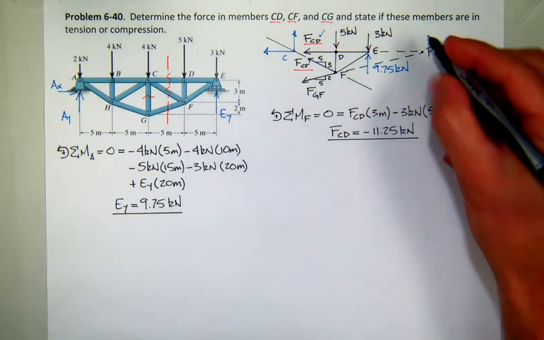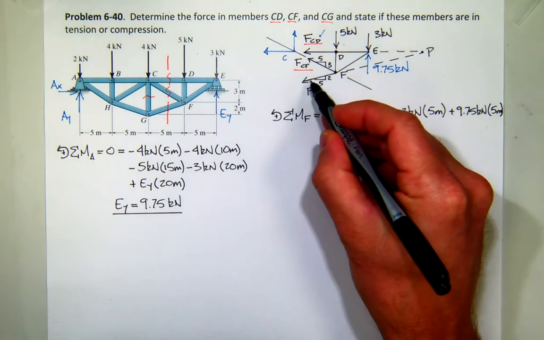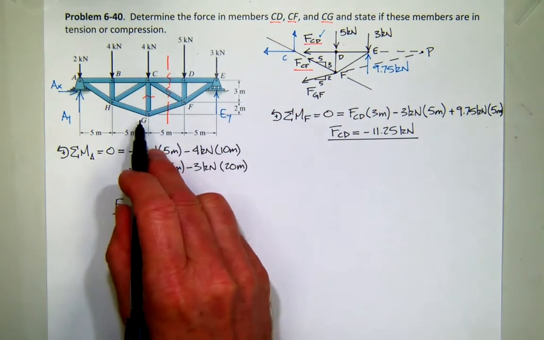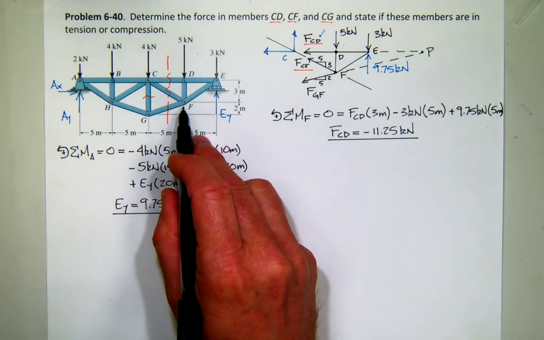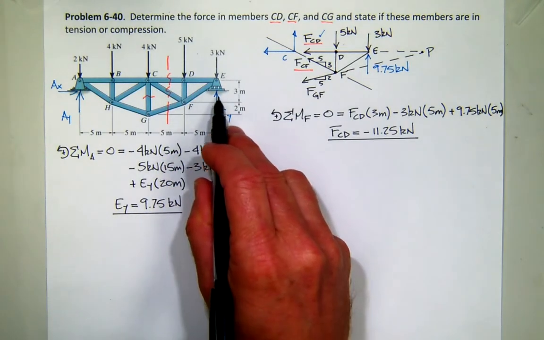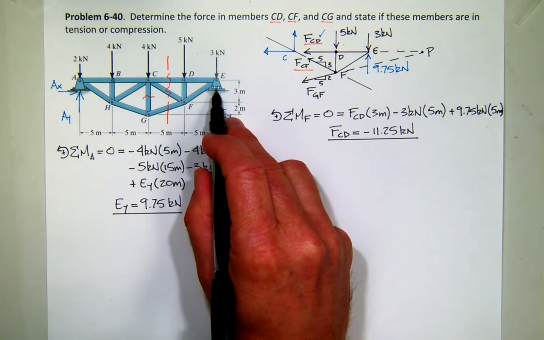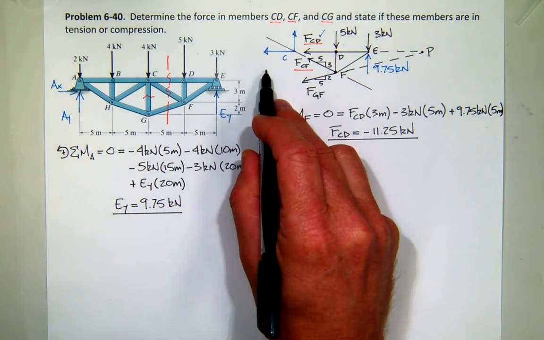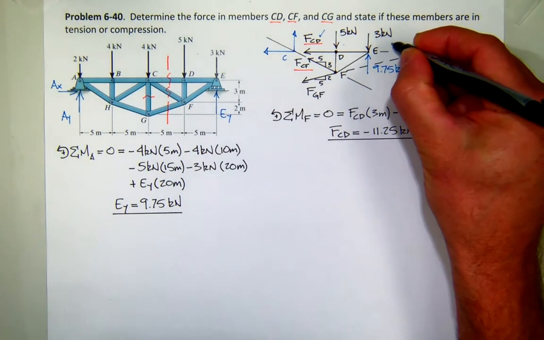So how do I find this point P? I just need to project this line back. All right, so this line, for every 5 feet I go over, I'm dropping 2, right? So when I go another 5 feet over, what would I be here? 1. When another 5 feet over, I'd be minus 1. So it looks like this distance here is just going to be 5 divided by 2.